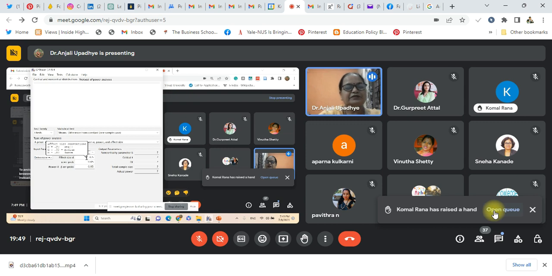Therefore, if my effect size is higher, then it is 0.80. Suppose I select the higher effect size, then the sample size is lower. If I select the small effect size, then my sample size will increase. That is why normally we take 0.5 as a medium effect size.